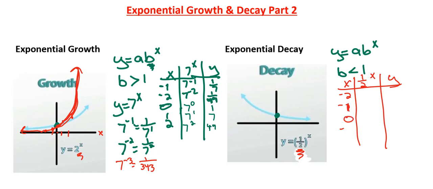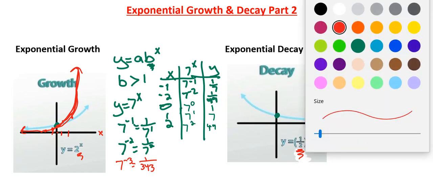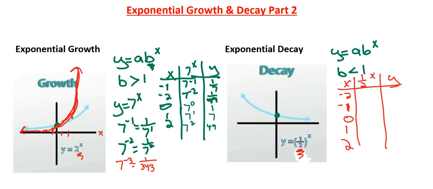I should have done that before. And then I have -1, 0, 1 and 2. All right, and I'm going to take this to the -2nd. Now, again, you could just do these in your calculator and just do 1/2 to the -2nd, and you'll get the correct answer that way.